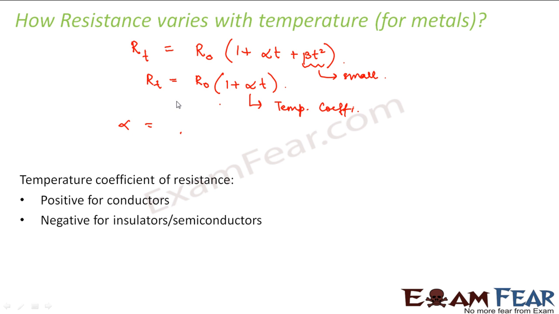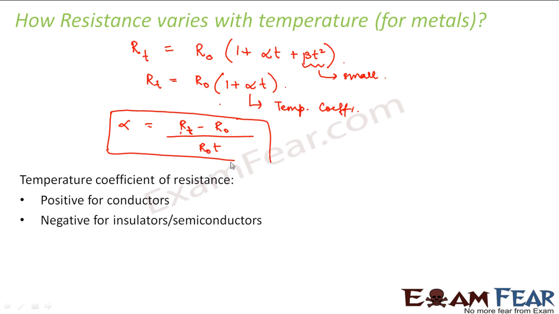So this temperature coefficient can be written from this expression as RT minus R naught divided by R naught into T. So this is the temperature coefficient of resistance. If this temperature coefficient is positive, that means RT is greater than R naught, right?